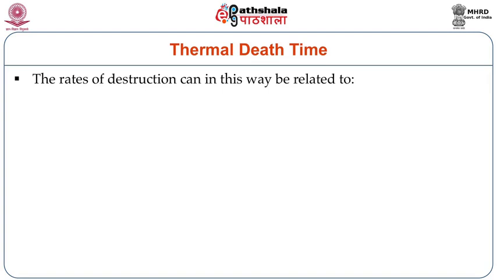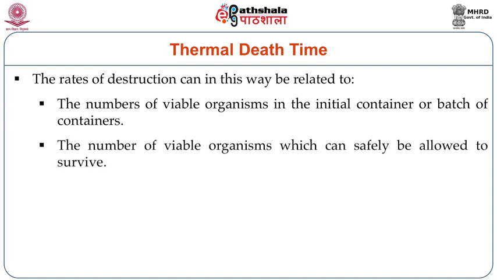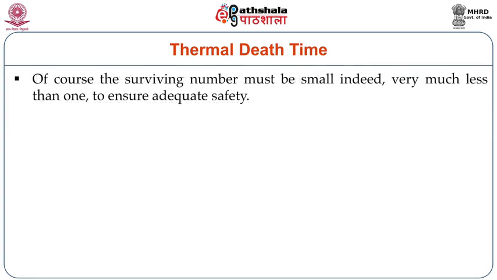For example, it is related to the number of viable organisms which are present in the initial container or the batch of the containers. And it is also related to the number of viable microorganisms which can safely be allowed to survive. The surviving number must be small indeed, very much less than 1 to ensure adequate safety.